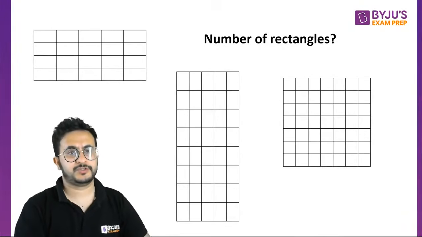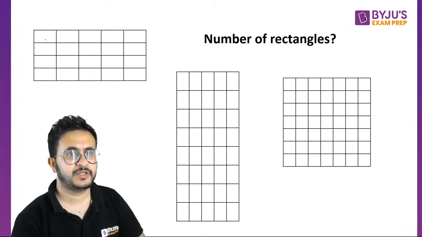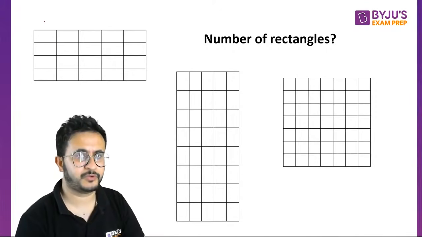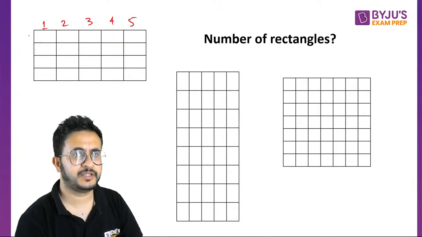Whatever is the number of rows 1, 2, 3, 4, 5, and the number of columns is 4.